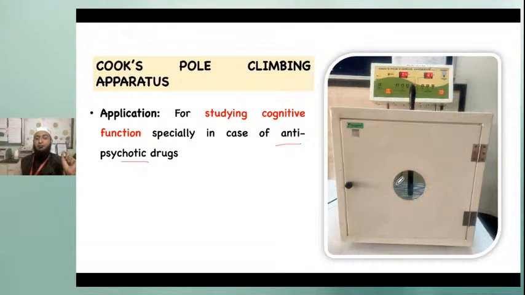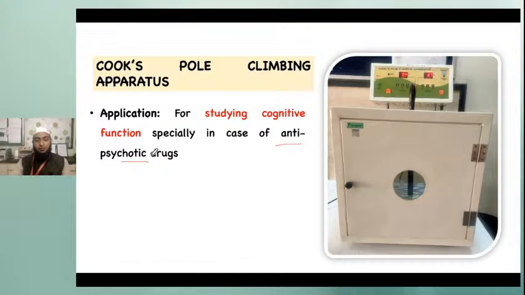So to save himself from the current, the moment the animal listens to the sound, immediately he will move and climb the pole, right? And those animals whose memory is affected, or who are suffering from a deficiency of intellectual ability or memory impairment, even after listening to the sound, will not climb the pole. That indicates that the learning ability of the animal is reduced.